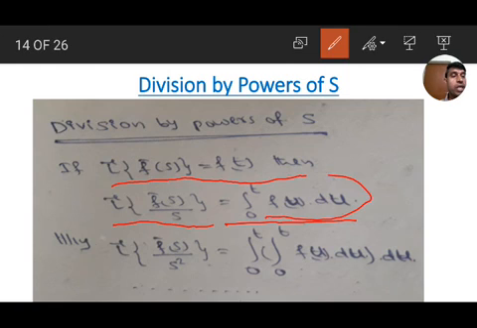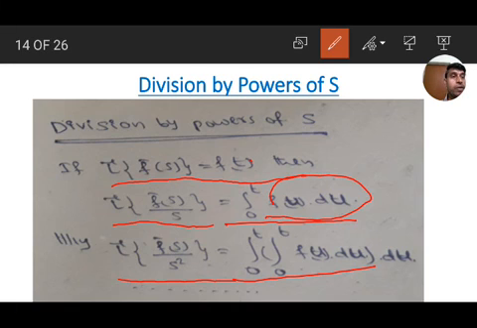That means we have to integrate the function, substitute the limits, lower limit and upper limit, and we get the answer. Similarly, L inverse of f bar s by s square is integration 0 to t, integration 0 to t of f of u du, that means 2 times integration, double integration. If it is n, we have to take n times integration.